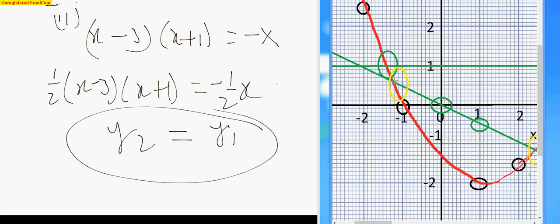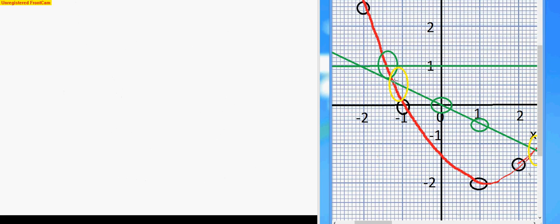So the first solution, P1, is x is equal to negative 1.2, and the corresponding y is about maybe 0.5, right?